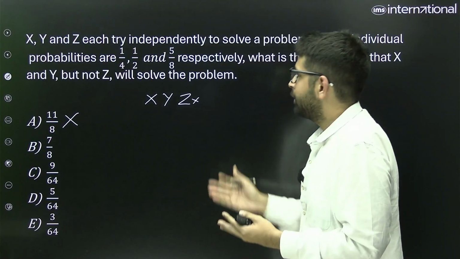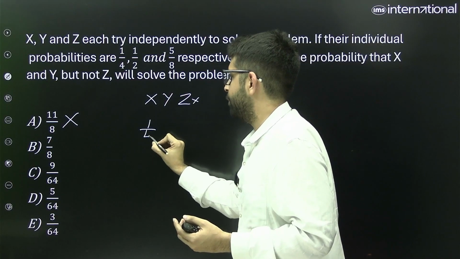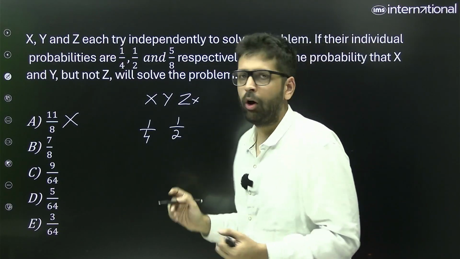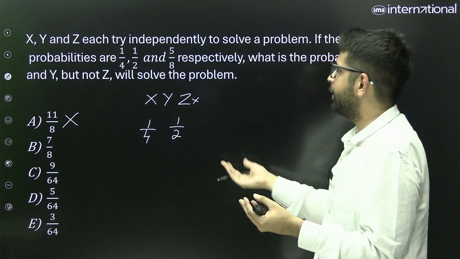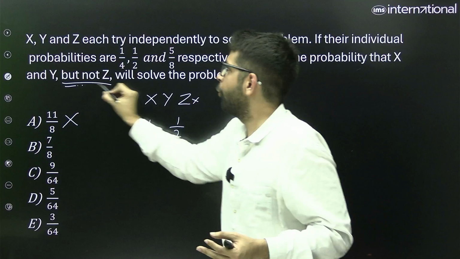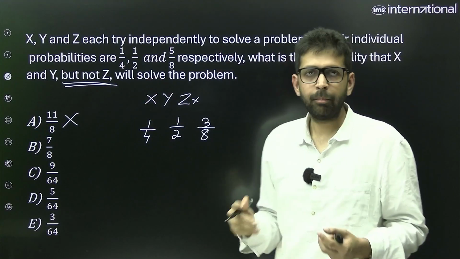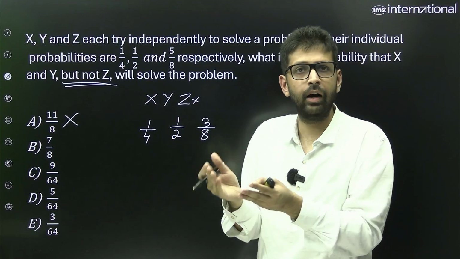Okay, so the probability that X is able to solve the problem would be 1 by 4. The probability that Y would be able to solve the problem would be 1 by 2 by using the same logic, and the probability that Z won't be able to solve the problem would be 3 by 8, because Z able to solve the problem, the probability is 5 by 8.